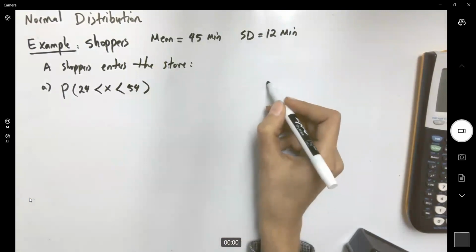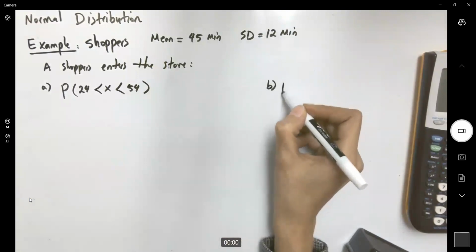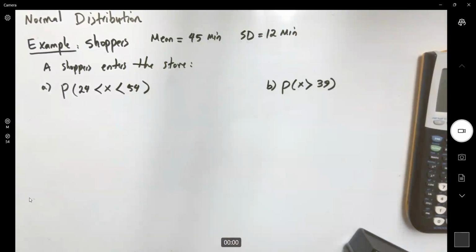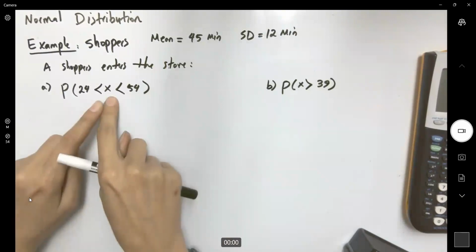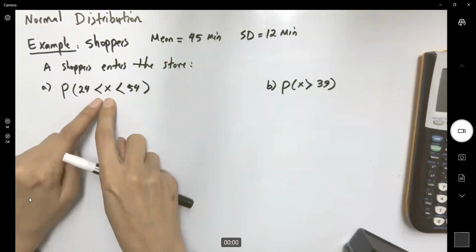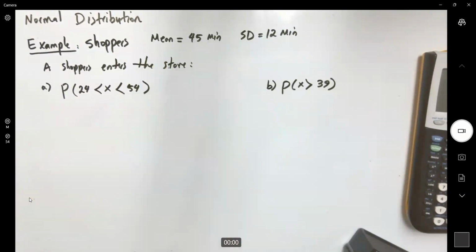B says, well, what is the probability that that person spent more than 39 minutes in the store? So again, X is larger than 24, X is less than 54.